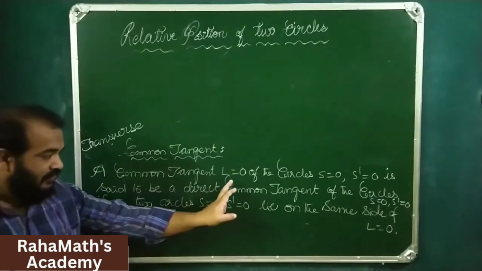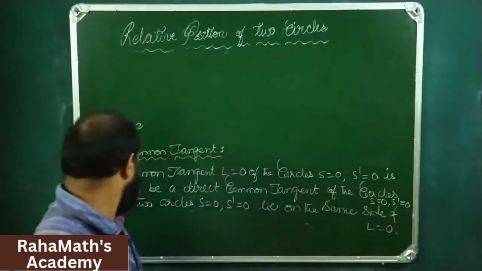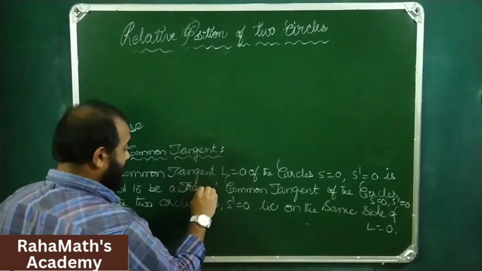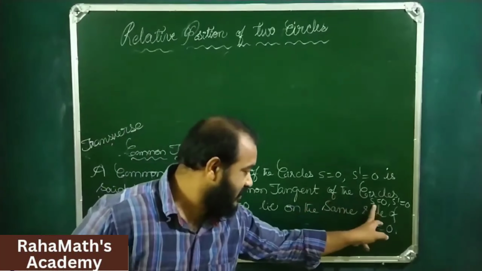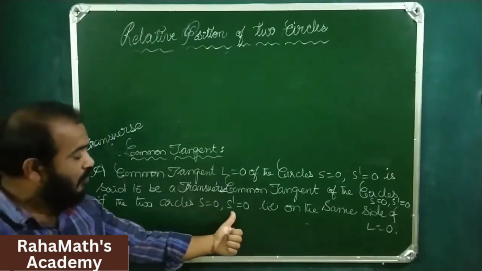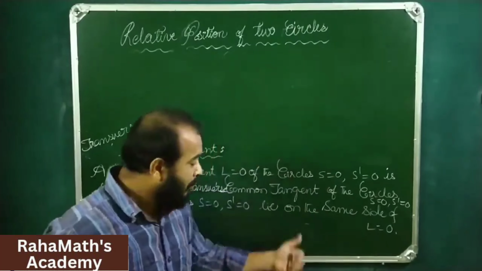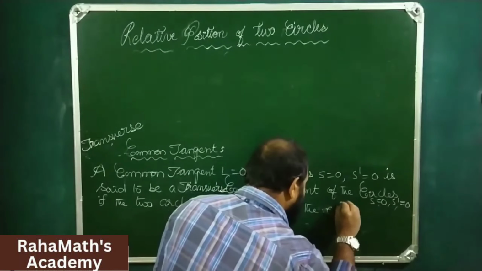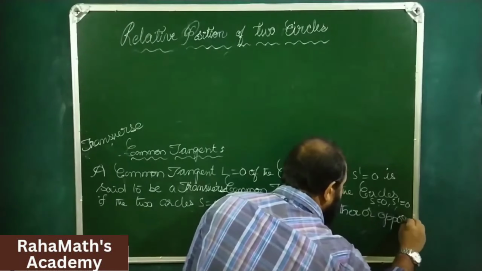A common tangent L = 0 of the circles S = 0 and S' = 0 is said to be a transverse common tangent if the two circles S = 0 and S' = 0 lie on either side, or opposite sides, of L = 0. In the direct common tangent, they lie on the same side, but here it is on opposite sides.